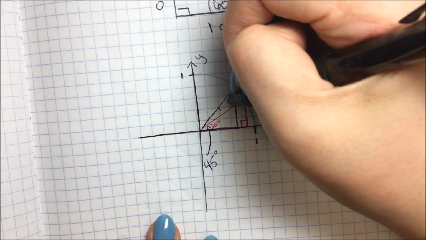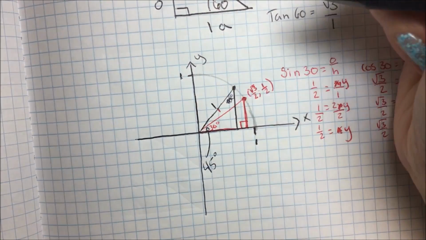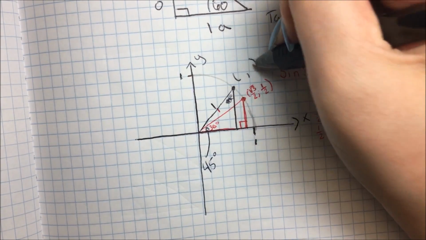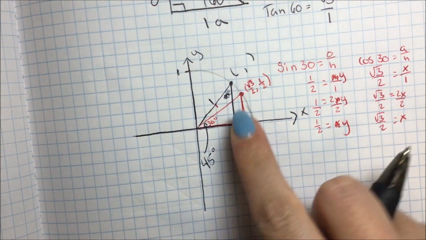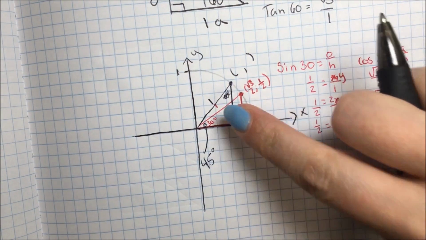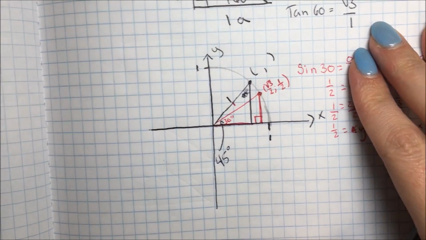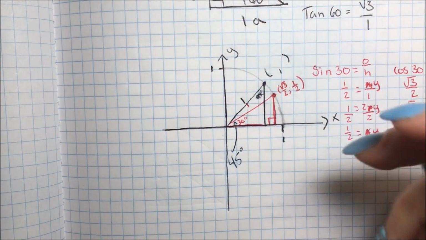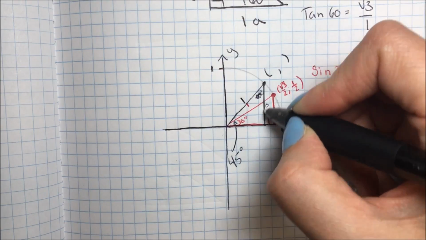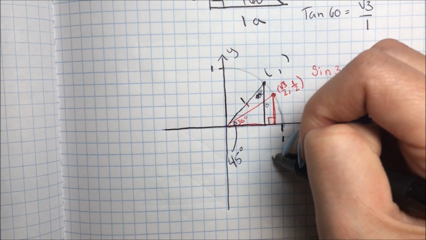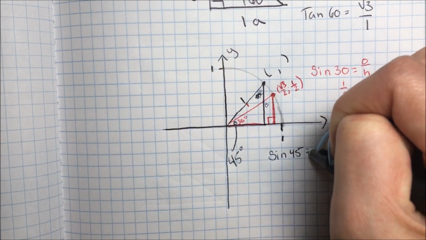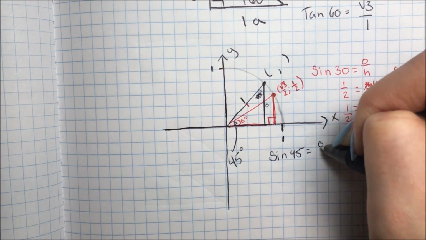And again, I know my hypotenuse is still 1. And if I wanted to find the height of this point, I'd be finding the y value, or the sine of 45 degrees. Because remember, this side over here is my opposite side. If I want to find that height, I'm going to be using sine. Sine of 45 degrees equals O over H.